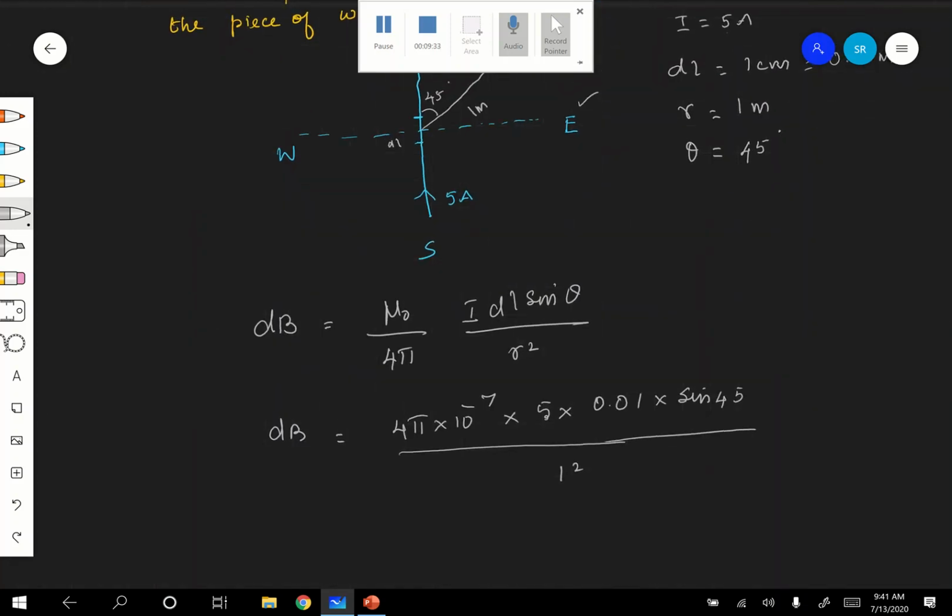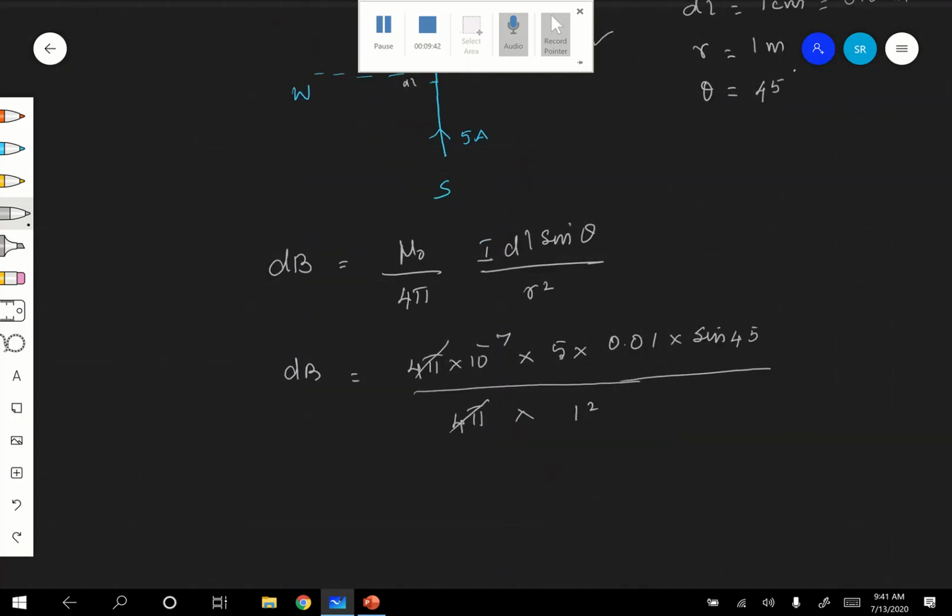Mu naught by 4 pi, the 4 pi will go, so you get only 10 power minus 7 into 5 into 0.01 into sine 45. Sine 45 is 1 by root 2. If you substitute the values, you will get dB as 3.54 into 10 power minus 9 Tesla.